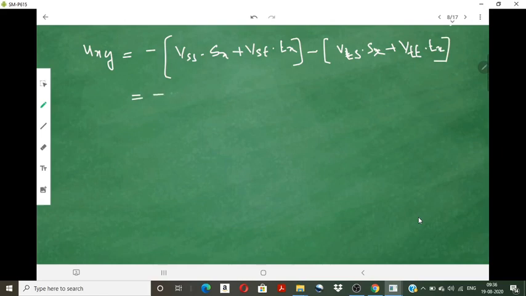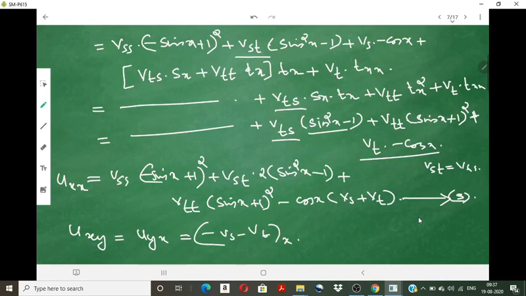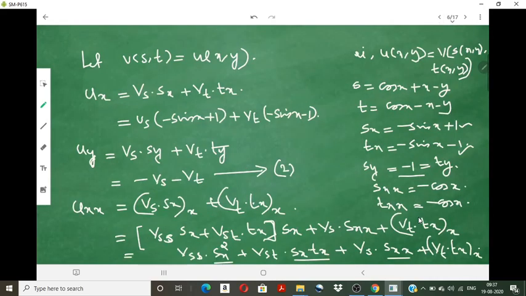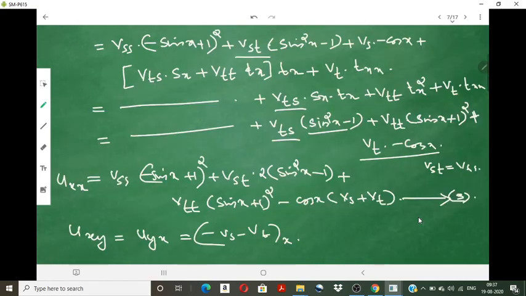That is minus of Vss into Sx, where Sx is minus sin x plus 1, plus Vst into Tx. So what is Tx? Tx is minus sin x minus 1.